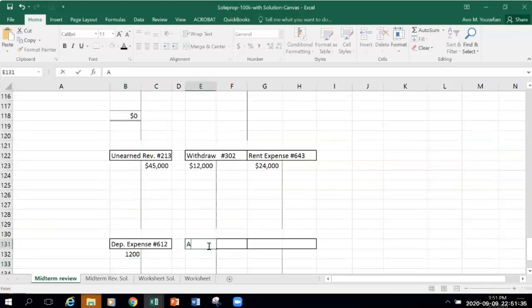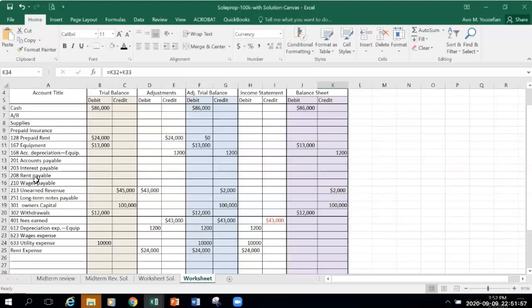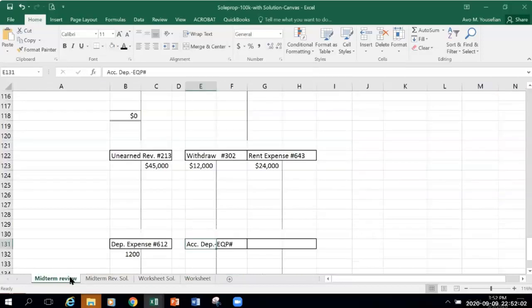and accumulated depreciation dash equipment, account number, and that's let's see, 168. 168, and that's a credit.